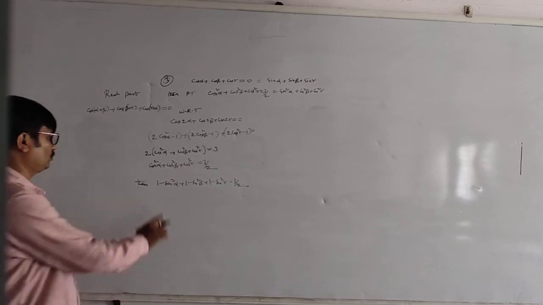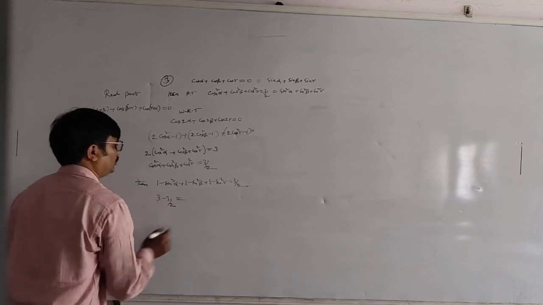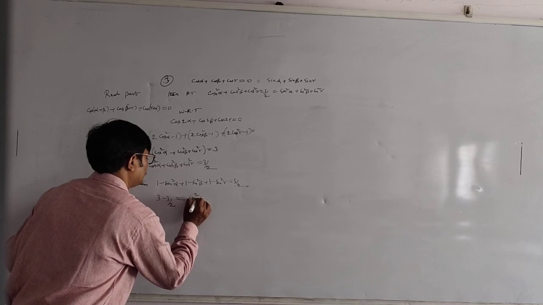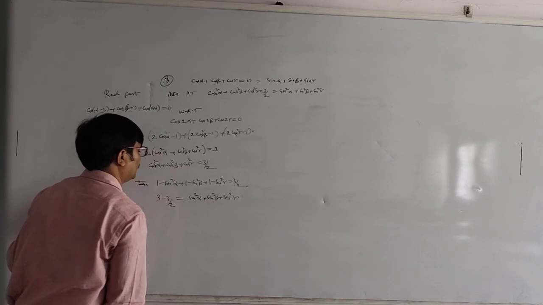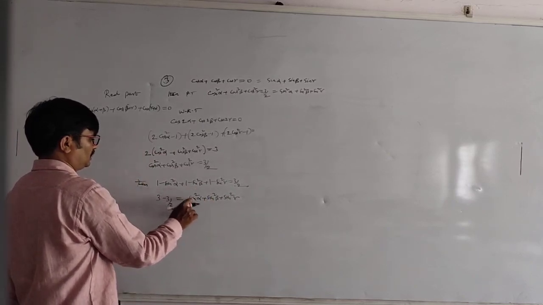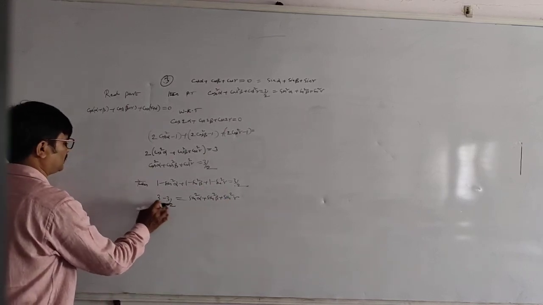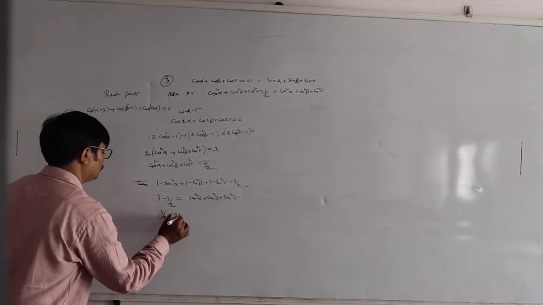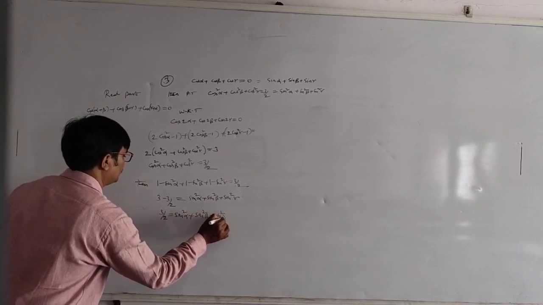So students, 1 plus 1 plus 1 is 3. 3 minus 3 by 2, these are sent to the other side: sin square alpha plus sin square beta plus sin square gamma equals 3 minus 3 by 2. So 2 threes are 6, 6 minus 3 is 3, so 3 by 2 is sin square alpha plus sin square beta plus sin square gamma.